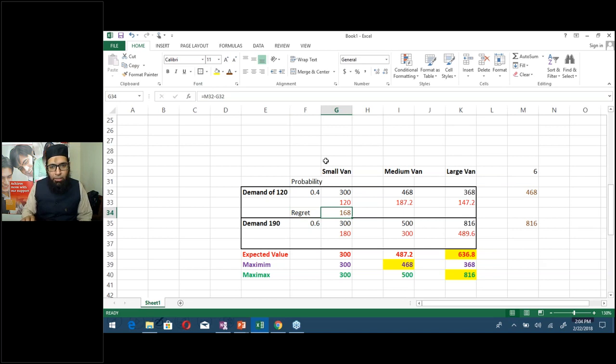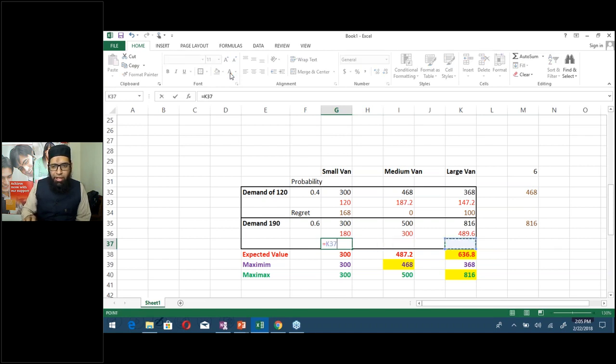Okay. Similarly, we can calculate the regret for medium van at the demand of 120. It will be 468 minus 468, so it will be 0. Finally, the regret for large van is 468 minus 368, so it will be 100. Similarly, we can calculate for demand 190.